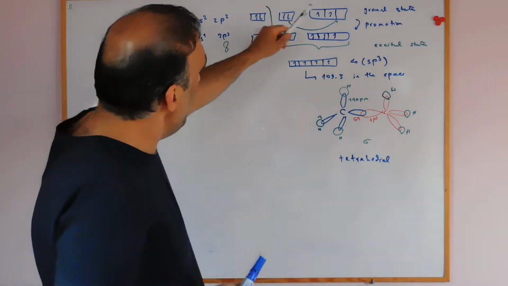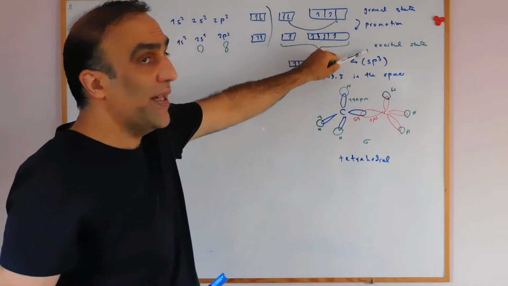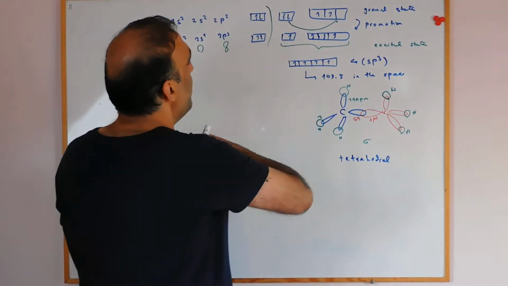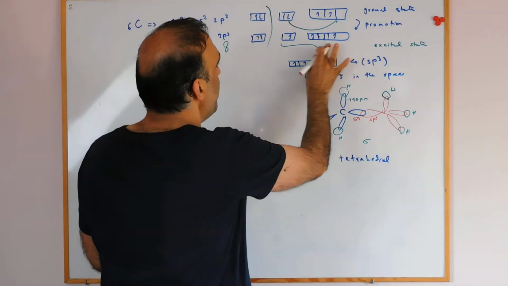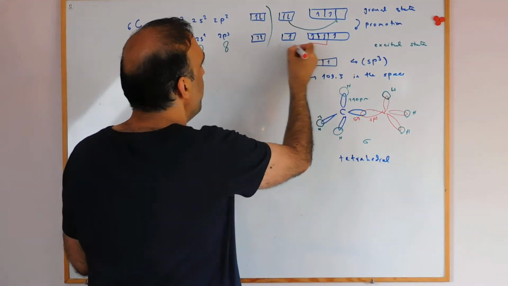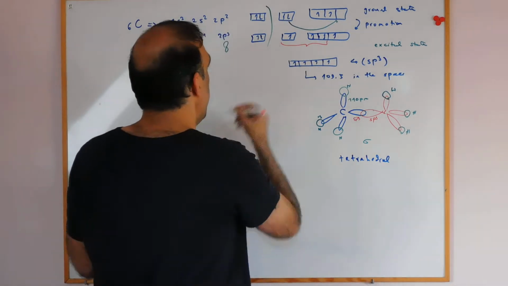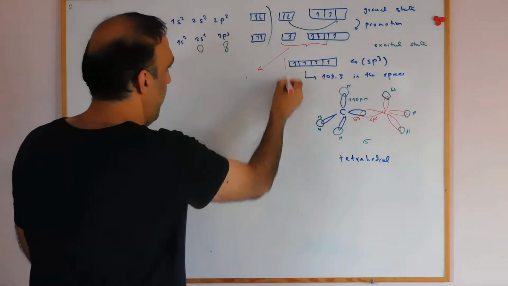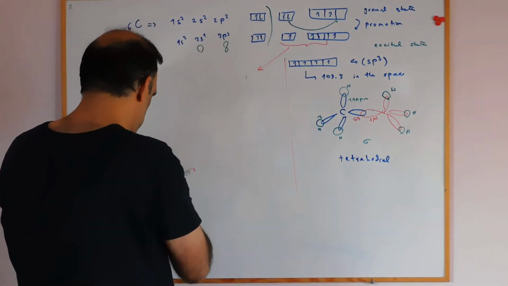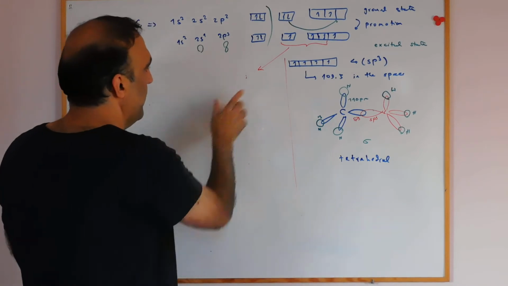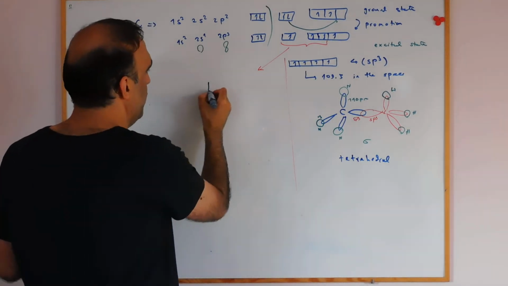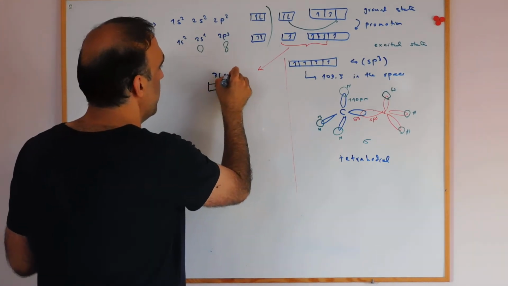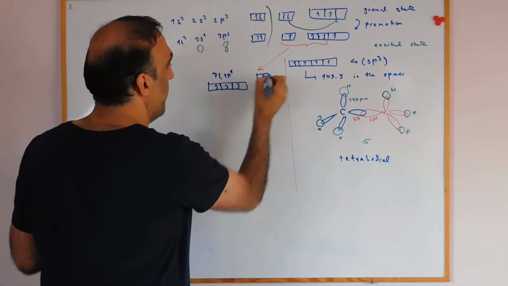But if we have the ground state, promotion and the excited state, and we change the hybridization for these 3, the 1 p orbital remains. In this case, we will have 3 sp2, which we got from 1 s and 2 p, and 1 pz, a p orbital.